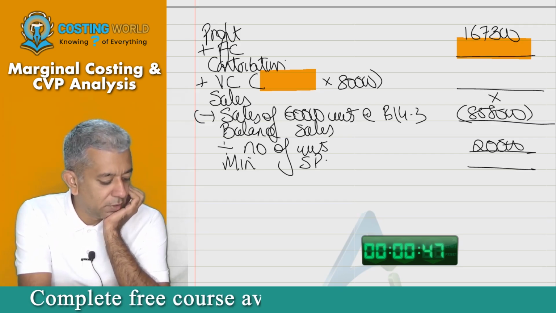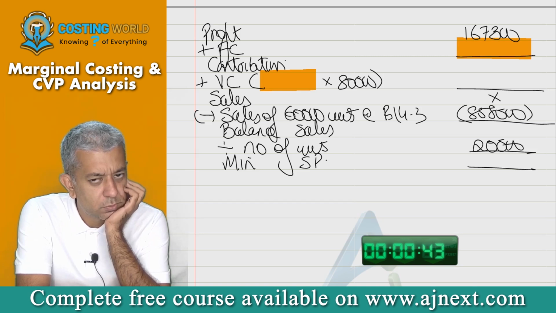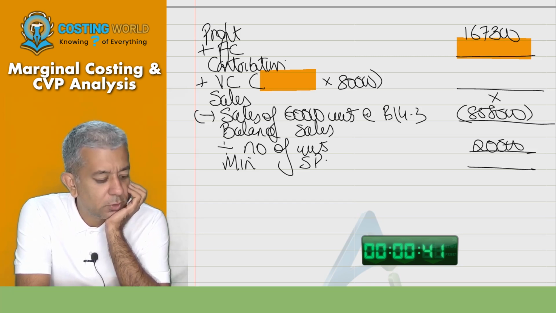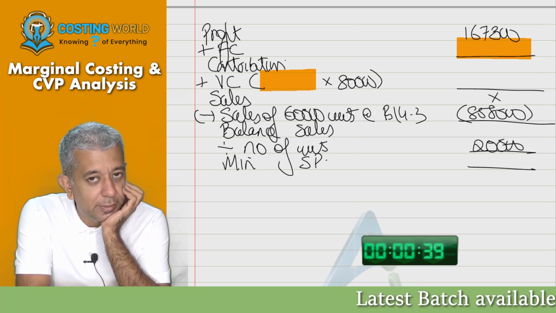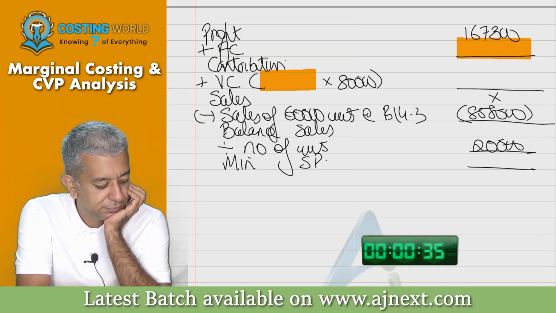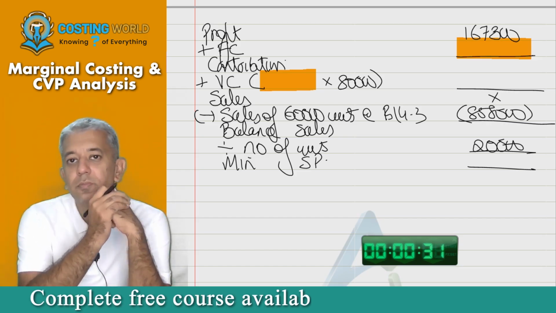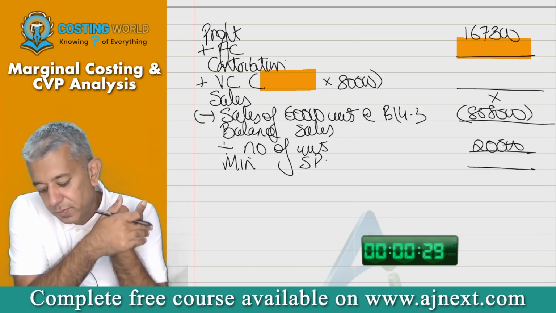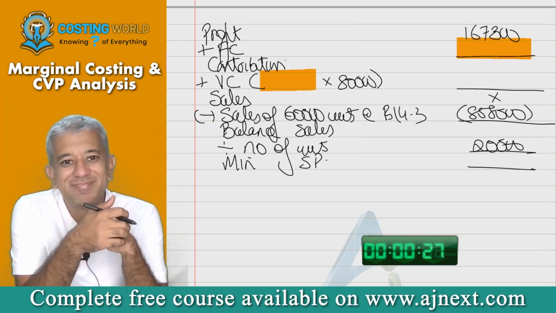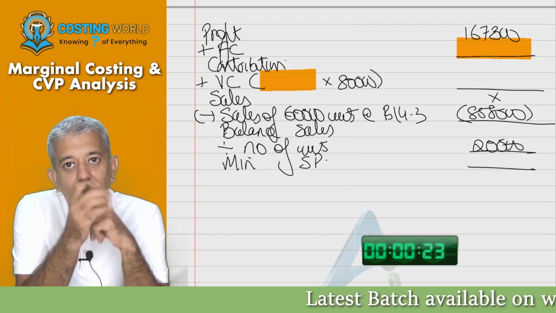Somebody got 11.4 or something, 4.3, something like that. 7.5, 4.7. Yeah, you took direct material and direct labor the wrong way around. Check properly. Yes, sir. 11.4, that is what I'm telling you.